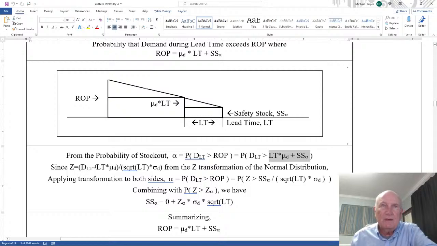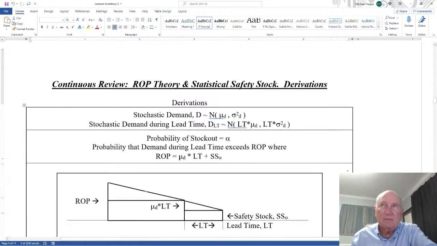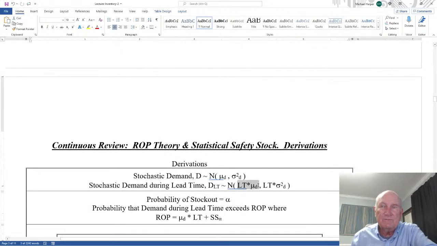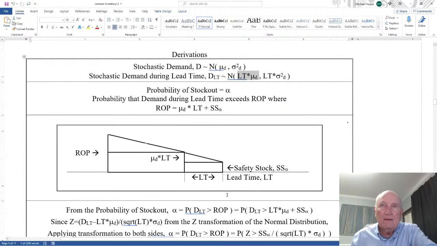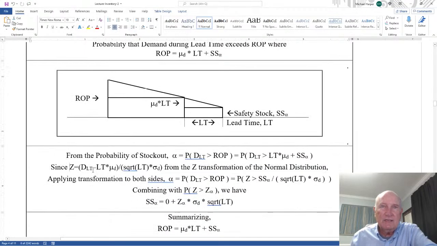Now, since z equals the demand during lead time minus the mean, remember that's the mean of the distribution, divided by the square root of the variance of the distribution, from the z transformation of the normal distribution. I'll apply the transformation to both sides.